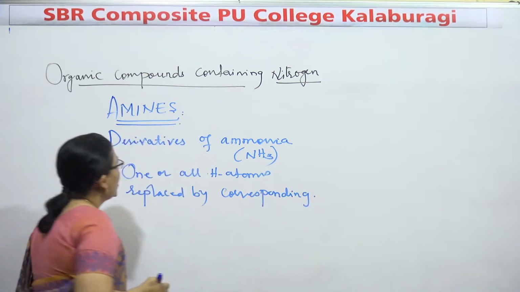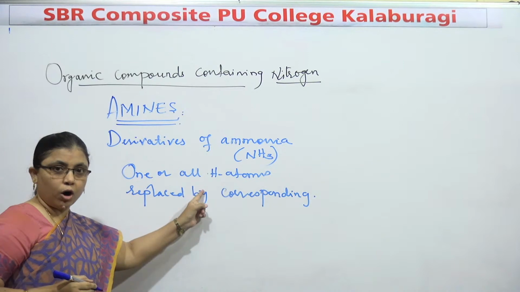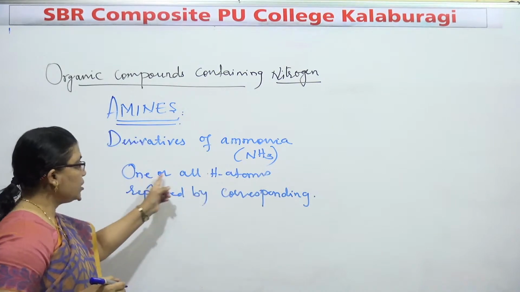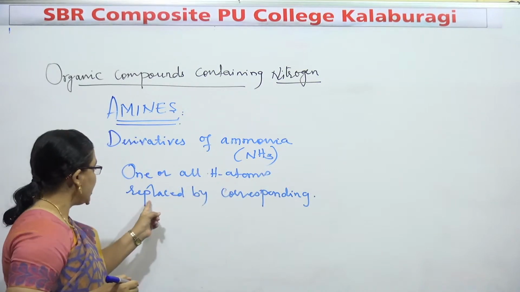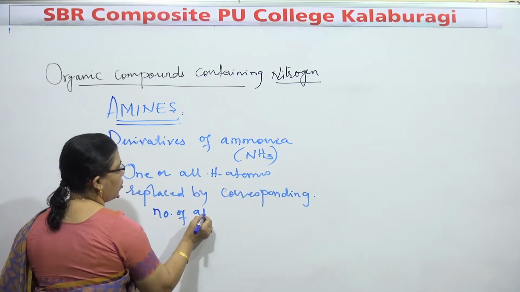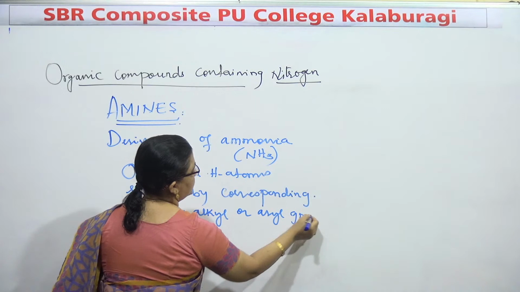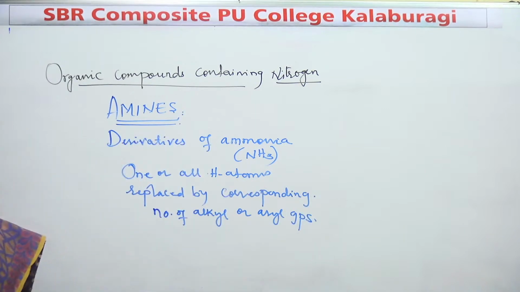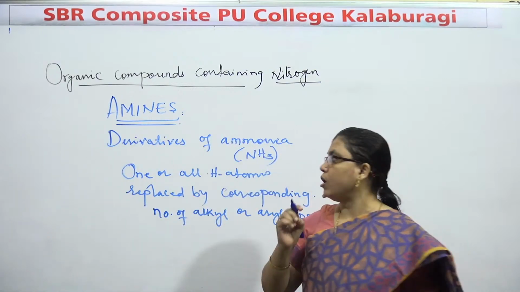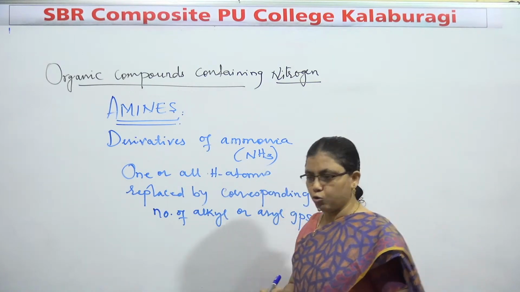Amines are the derivatives of ammonia, where one or all, that is 1, 2, 3 hydrogen atoms of ammonia are replaced by the corresponding number of what, children? Alkyl or aryl groups.